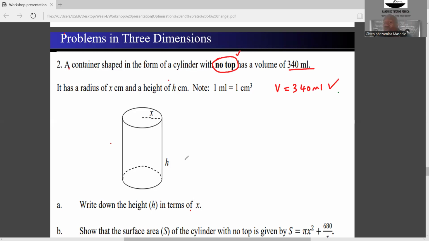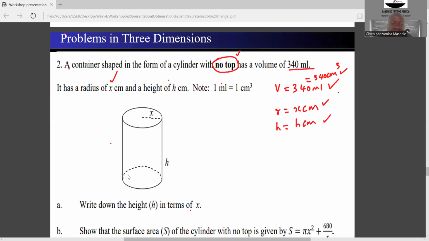Guys, I want you to go through these on your own and try to analyze this. It has a radius of x centimeters and a height of h centimeters. But we are told that 1 milliliter is equal to 1 cubic centimeter, which means if the volume is 340 milliliters, it's still the same as 340 cubic centimeters. So this is a cylinder, and this cylinder has no lid. There's no top. They told you.